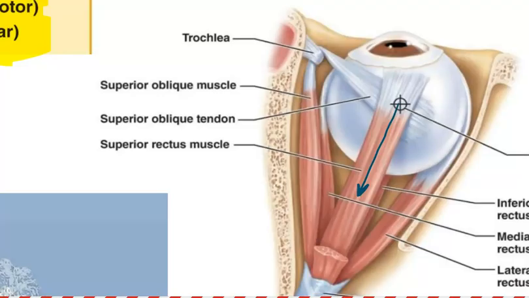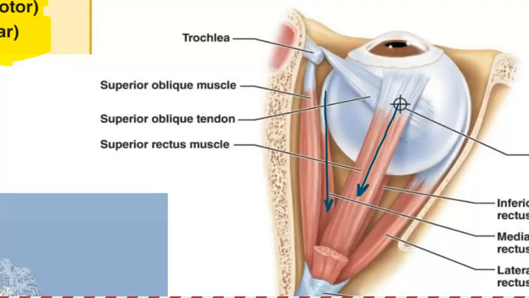Then we have the medial rectus. If I pull on the medial rectus muscle, where would my eye go? Where would it look? Lateral, laterally. Medial, medially.